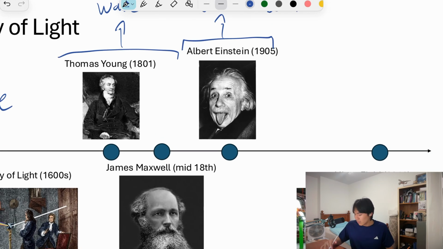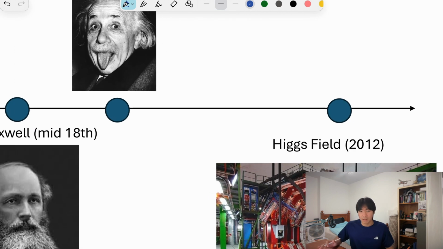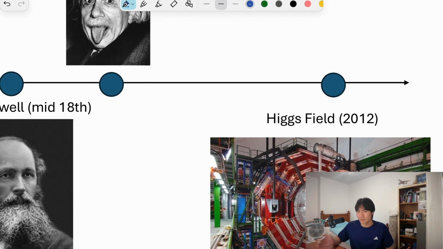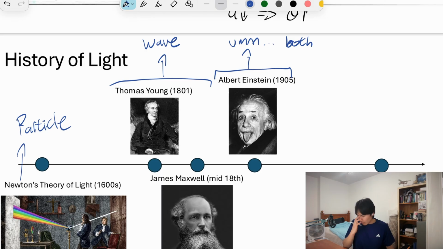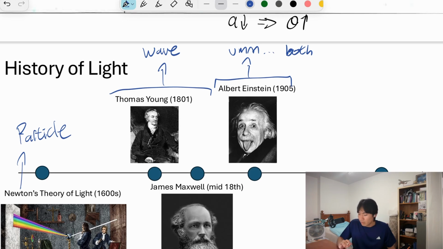Right now, I read some modern research talking about how light, the photons to be more precise, exist in a Higgs field or something. I don't know what that means. As you can see, science is constantly evolving. This story is important because it allows us to understand why Thomas Young's experiment is significant, and also later in the chapter, why Albert Einstein's photoelectric effect was also very significant.